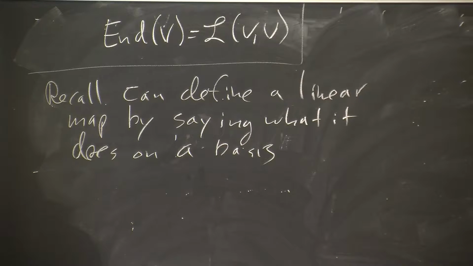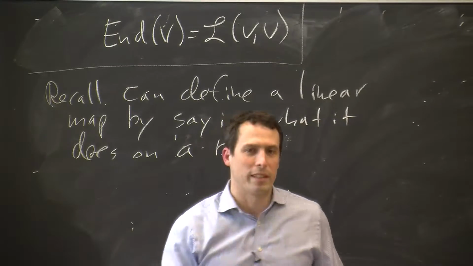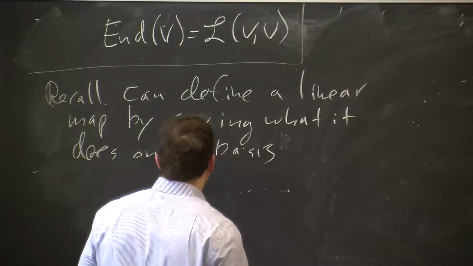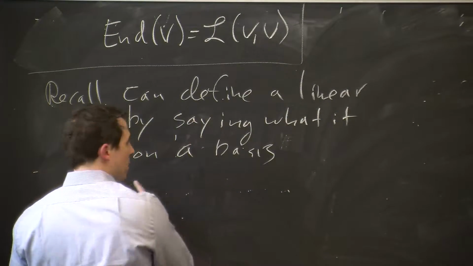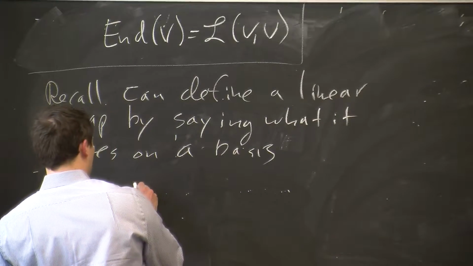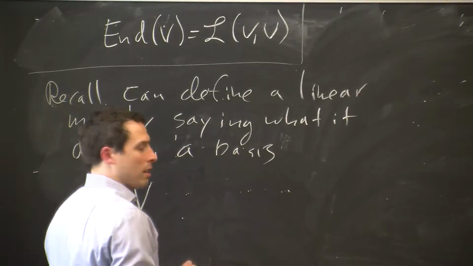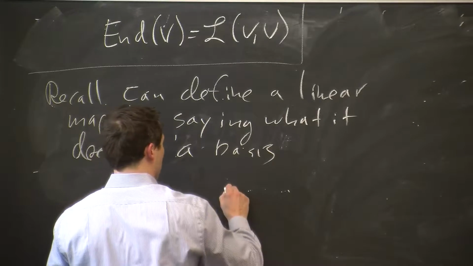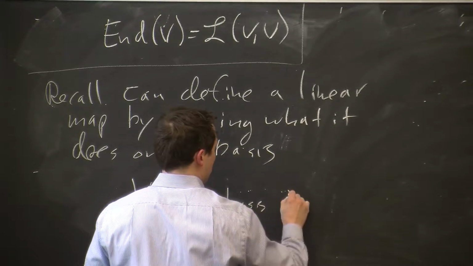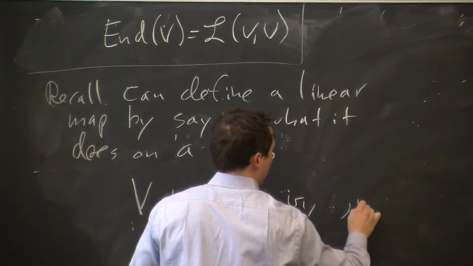I encourage you to think about that a little to see that that's enough to define it, and I'm also free to do whatever I like to the basis. The reason for that, I'm going to remind you, is that suppose I have a vector space V, and it has basis v1 up to vn.